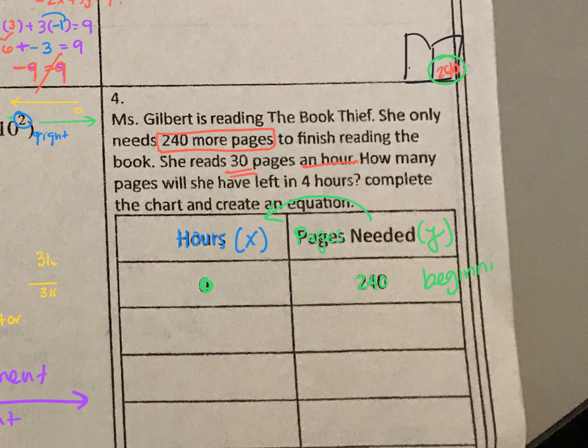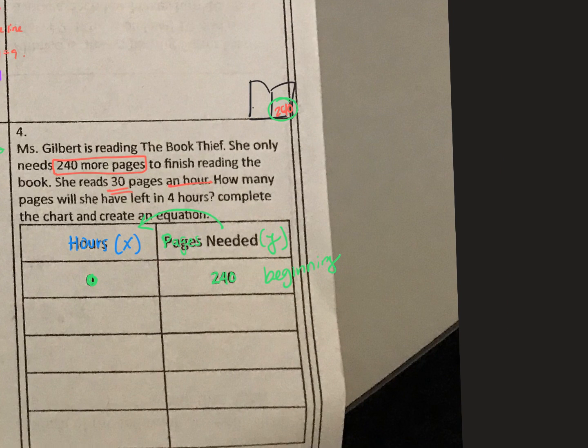Does that sound familiar, guys? Beginning. Remember, that's your B. So if you were to create an equation in the form of y equals mx plus b, a linear equation, what would your B be? What's your beginning? Plus 240 pages.